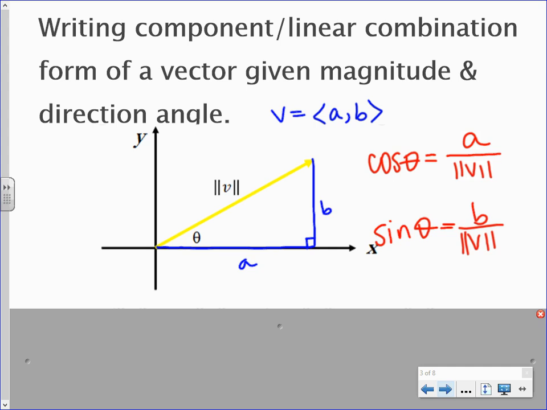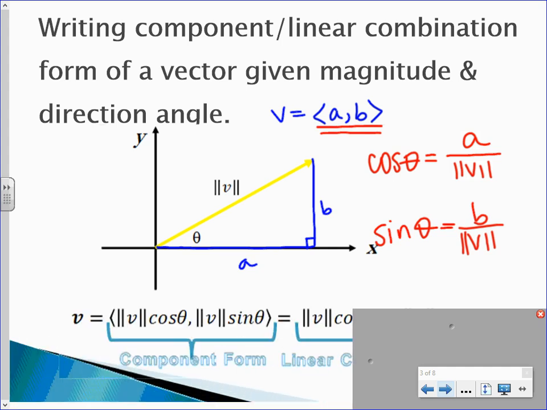So if I wanted to write A and B in terms of the magnitude and direction, then we can just solve these ratios here, okay? A is the same thing as the magnitude times the cosine of theta. B would be the same thing as the magnitude times the sine of theta. So instead of writing our vector as A comma B, we could write it as magnitude times the cosine of theta, magnitude times the sine of theta.